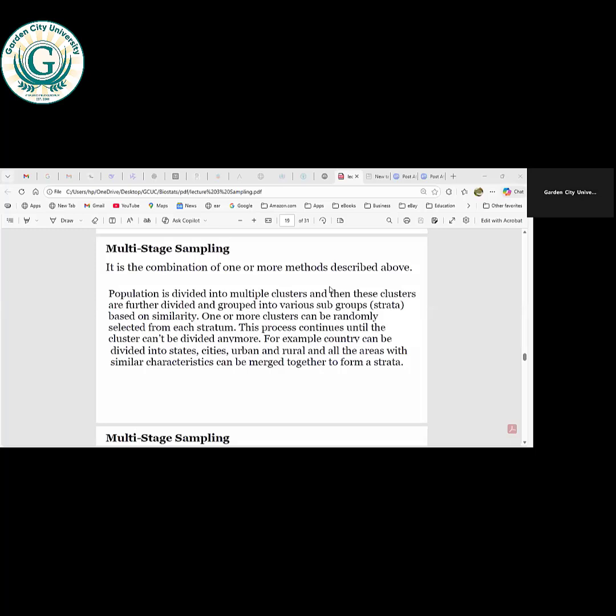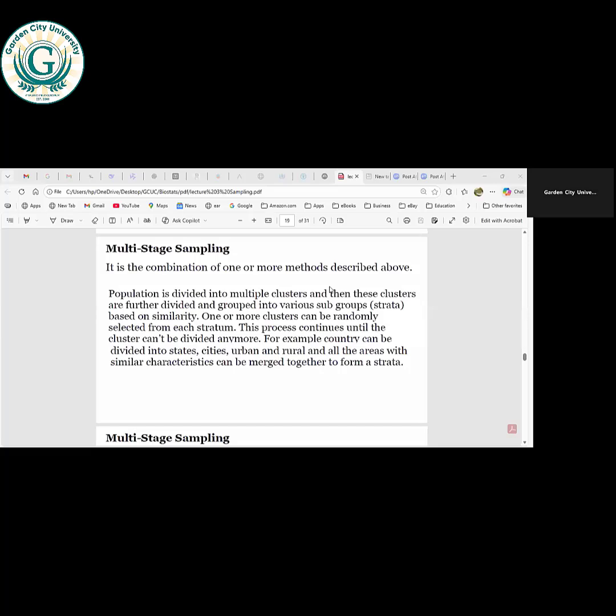So now that you've selected Ashanti region, then you say that, okay, now I can go and use stratified sampling. Because in Ashanti region, I have different ethnic groups here.